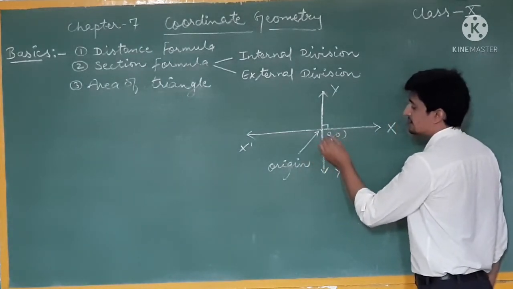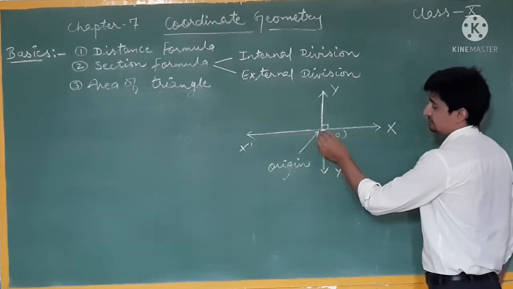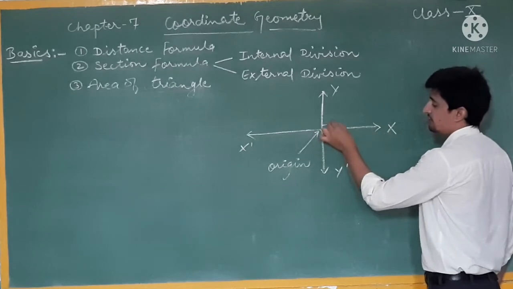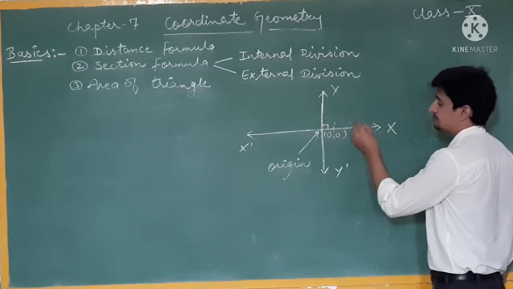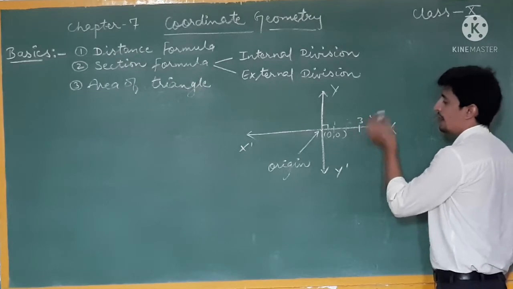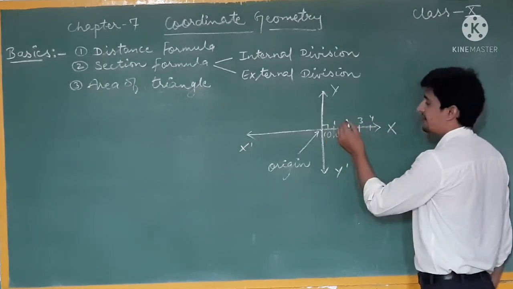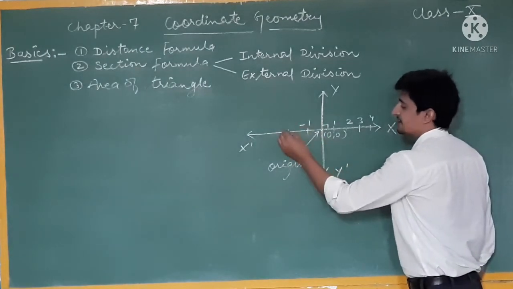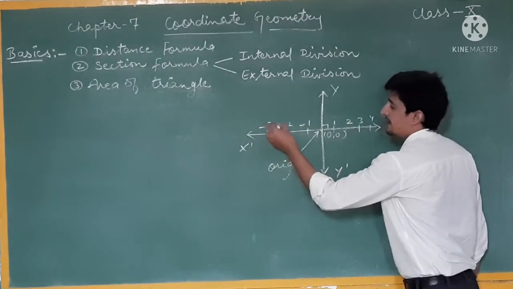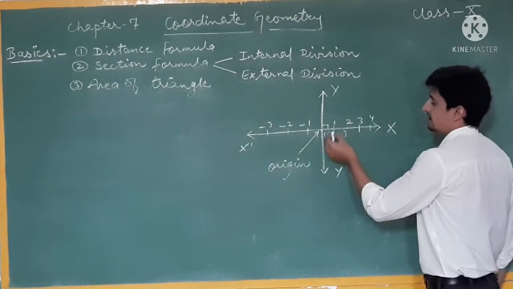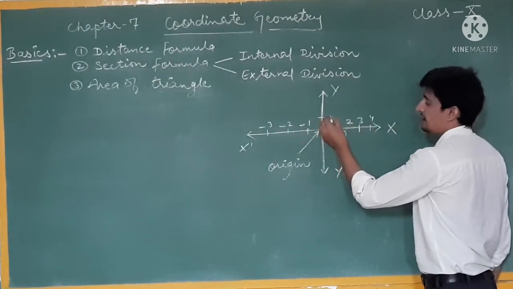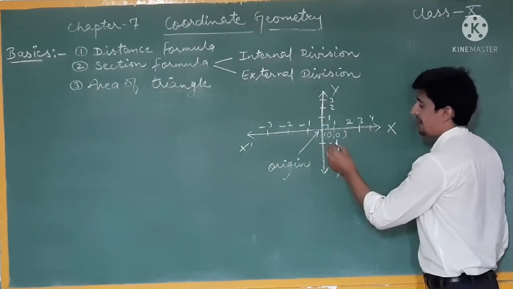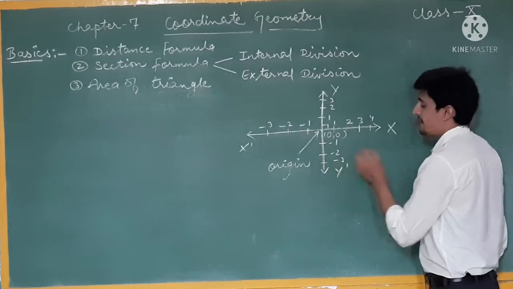Coming to the right of the origin, all points will be positive: 1, 2, 3 and 4 up to positive infinity. And on the left this will be negative: -1, -2, -3. Going upward we have +1, +2, +3, and going downward we have -1, -2, -3.